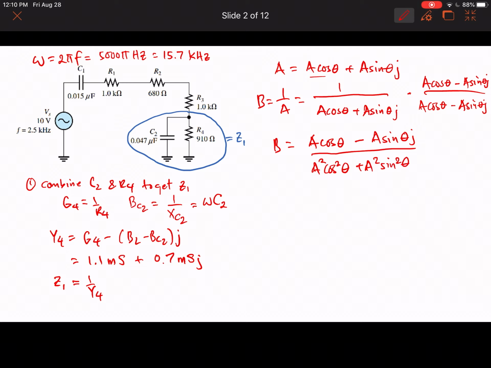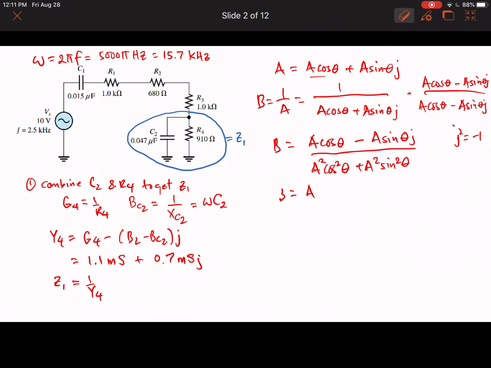And it's a plus sign here because j squared, as we know, is -1. So we factor out a squared in the denominator. We're left with cosine squared theta plus sine squared theta, and that should be equal to 1. So the denominator is a squared, and we can then simplify this as cosine theta over a minus sine theta over a j.